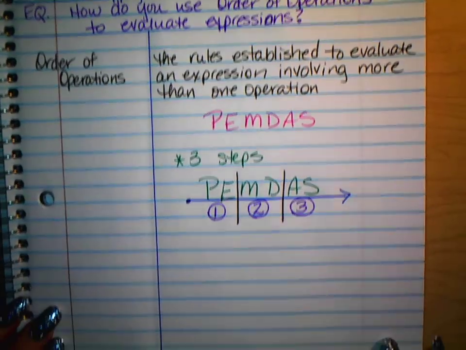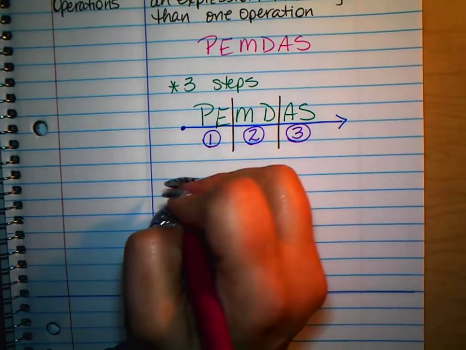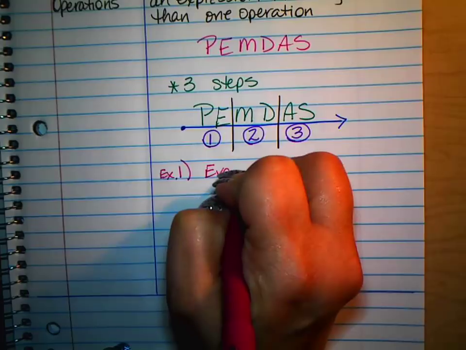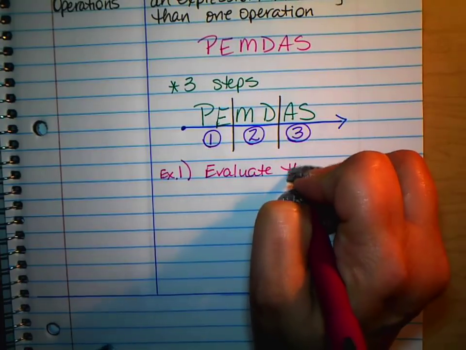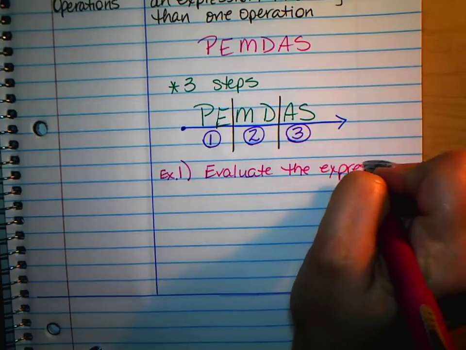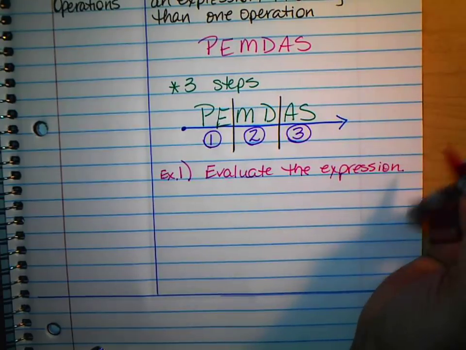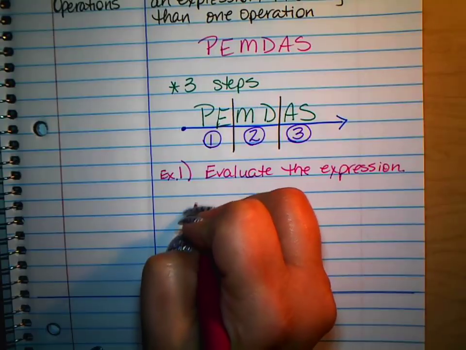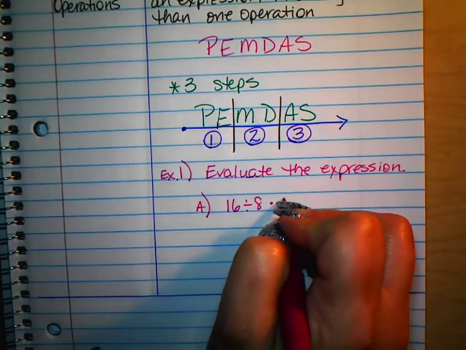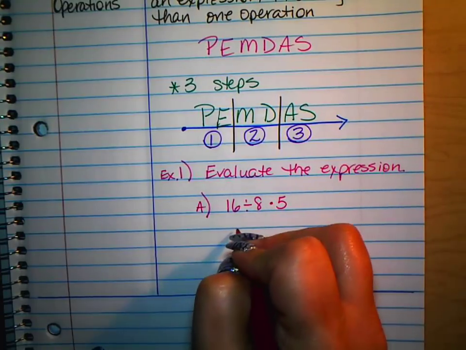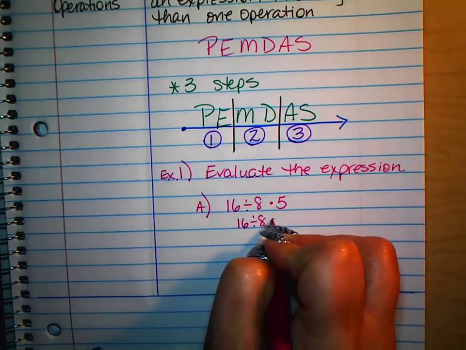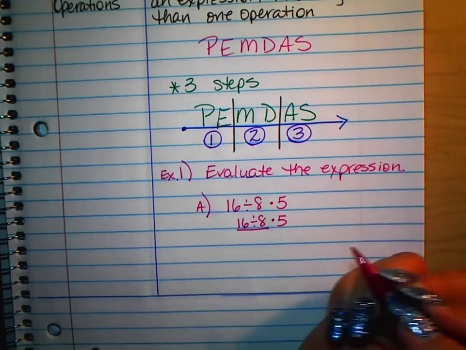So let's see how we would do this. Let's do an example. Now, if I work this one out, I'm going to do the division first.